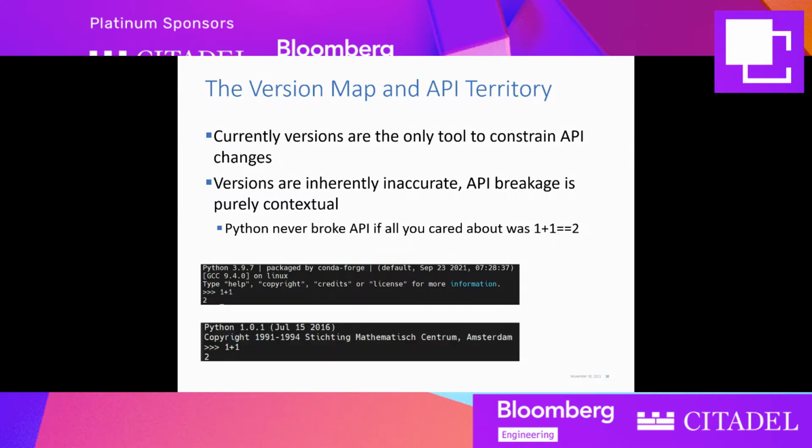But you know what? Python 1.0.1 also happened to know that 1 + 1 = 2. I'm sensing that this might be a truism of mathematics itself, that Python's just really good at expressing. If this was all that you wanted from Python, you're golden. You could still be running on Python 1 and you'd be perfectly fine.